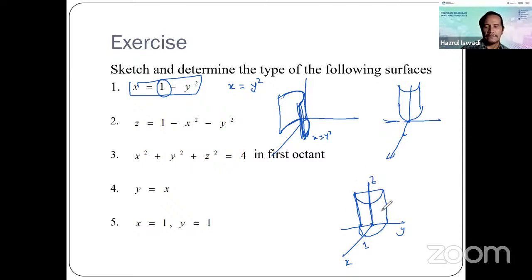Maybe you are confused by my drawing. I will help you to draw this surface by using software.